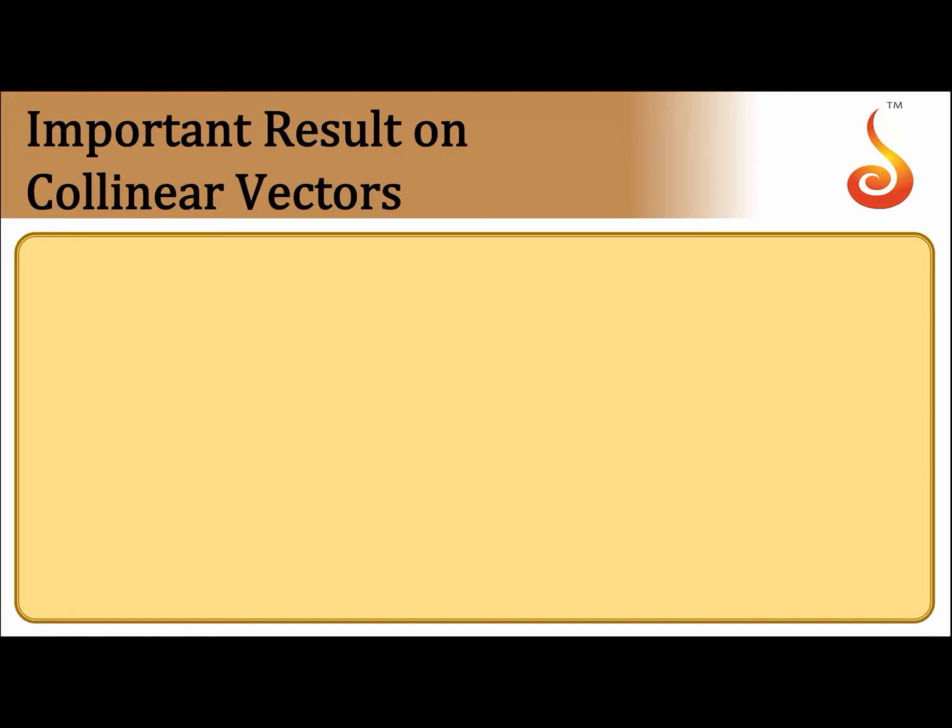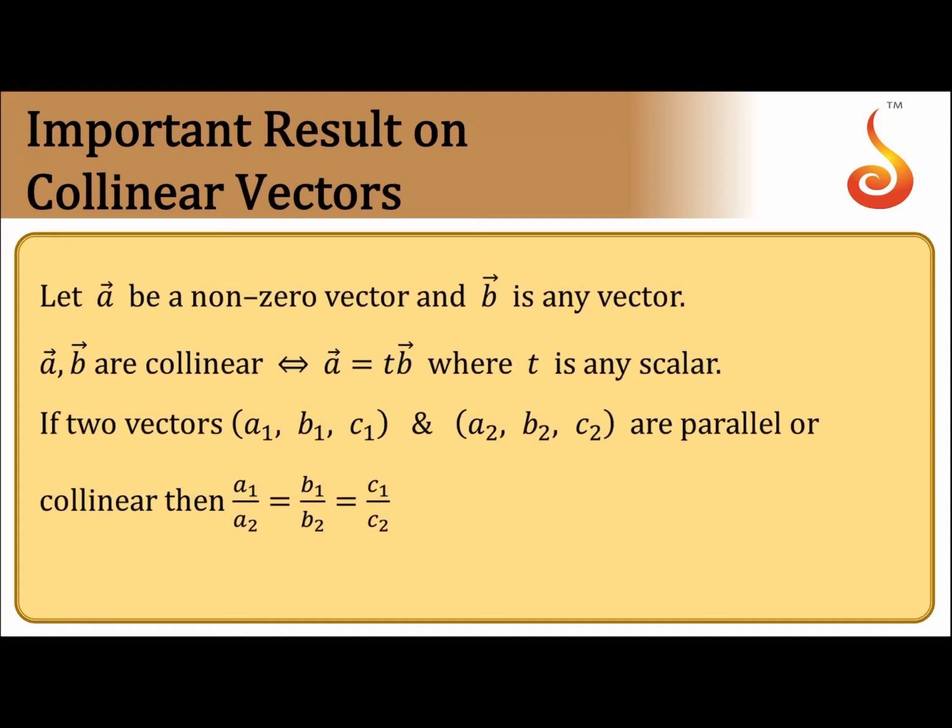Next, some important results related to collinear vectors. If A bar is a non-zero vector and B bar is any other vector, then A comma B are collinear implied by A bar equals T times B bar, where T is any scalar. In other words, two vectors are collinear means one can be expressed as a scalar multiple of the other.